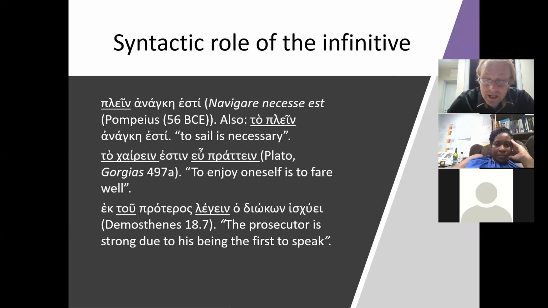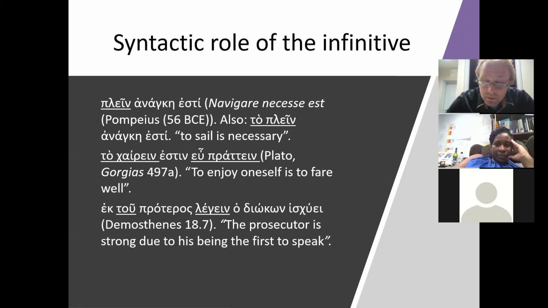And the infinitive acts here as the subject. In fact, in Greek, the infinitive can also receive a definite article to form a so-called articular infinitive, as in "to plain ananke esti," which also means to sail is necessary.